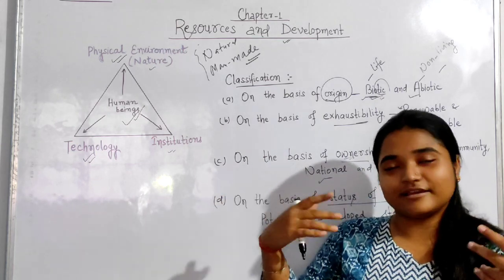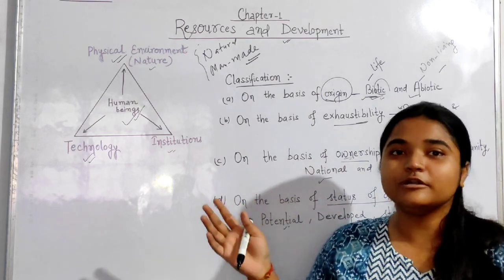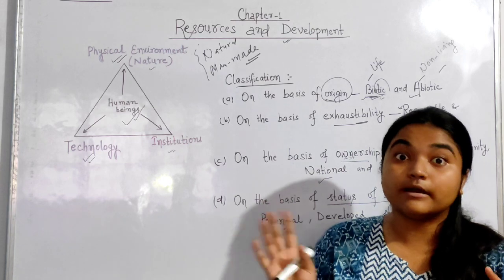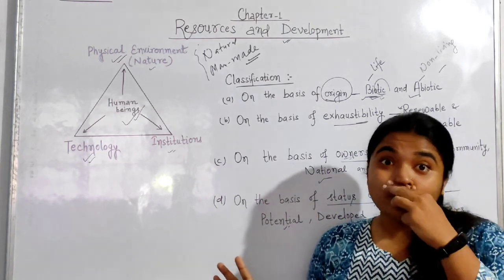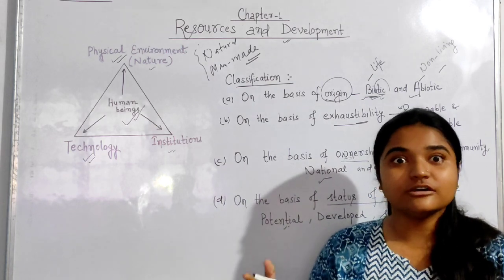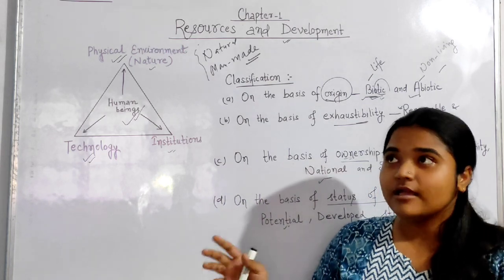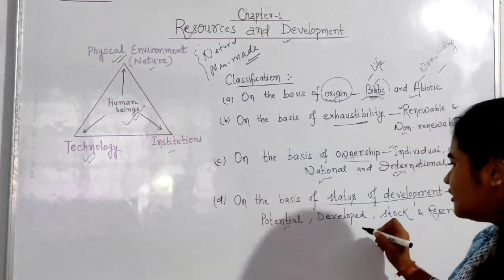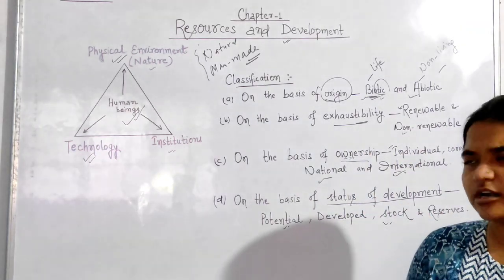There was a guideline of the government that you have to take only this much quantity of food at your home, but the people were not listening. So people were just arranging the food items at their home and keeping them somewhere as a stock, isn't it? So that type of keeping resources is called a stock.